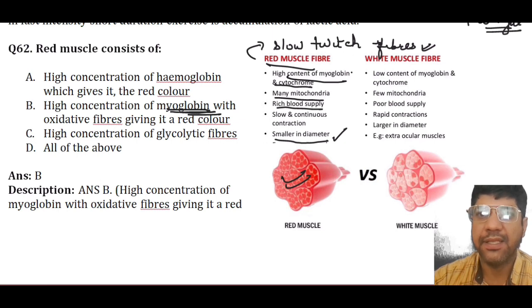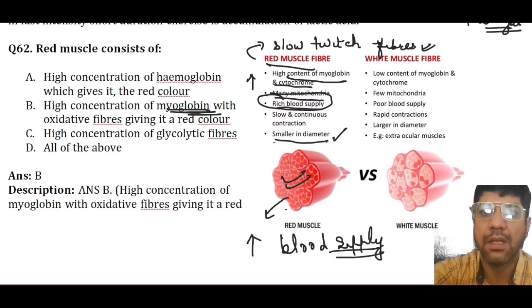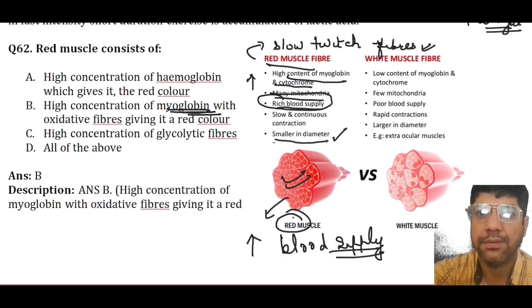That is why they appear red in color, due to the myoglobin content and increased blood supply. They contain a higher number of mitochondria that are responsible for aerobic energy production.